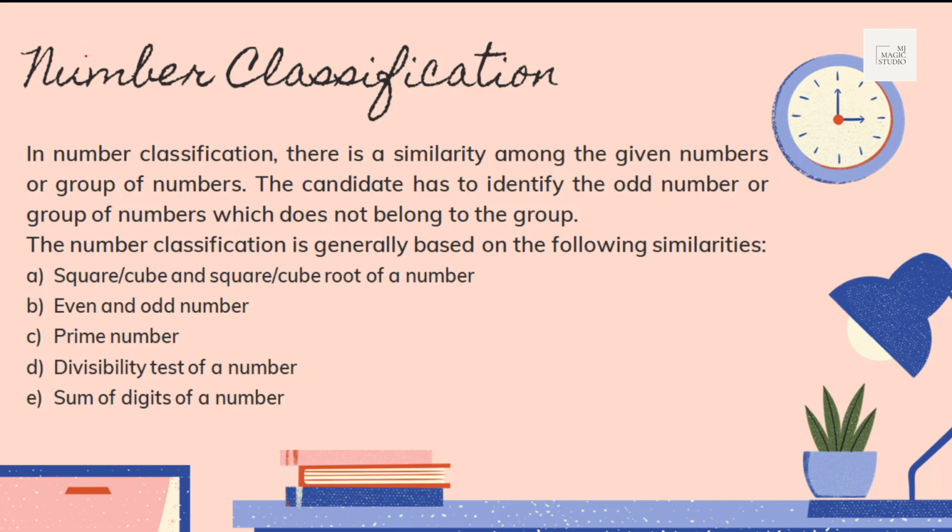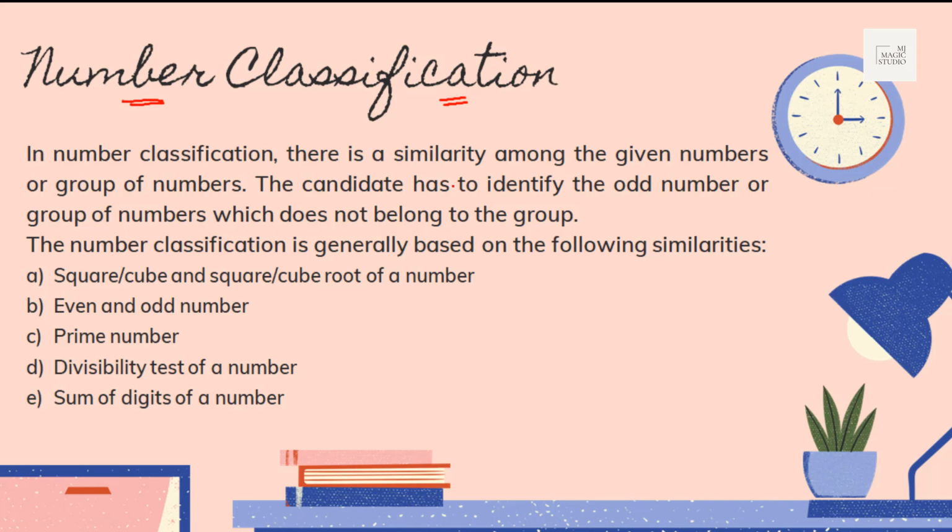Next in classification is number classification, where we need to group numbers and find the odd one out. In number classification, there is a similarity among the given numbers or group of numbers. The candidate has to identify the odd number or group of numbers which do not belong to that particular group.